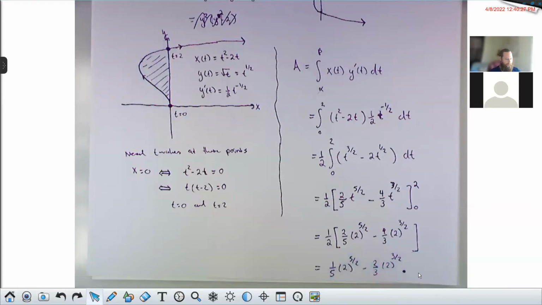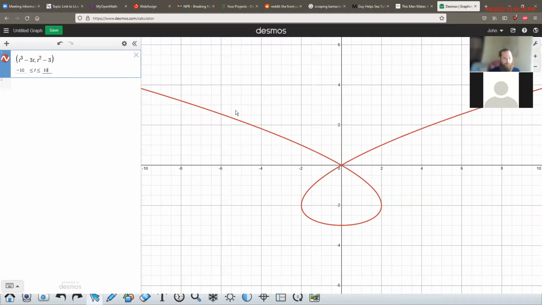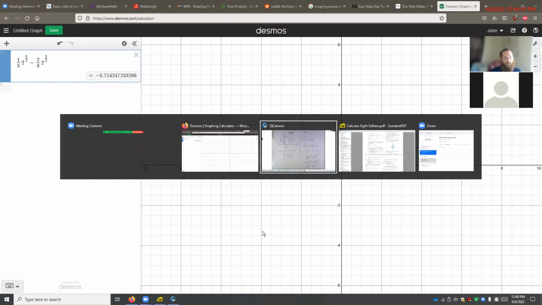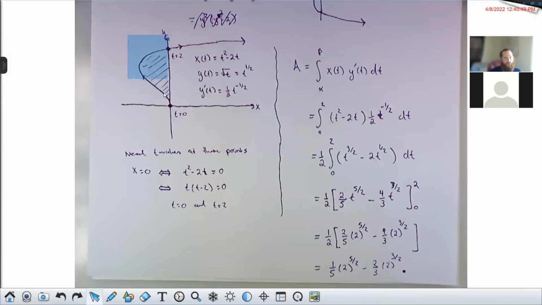All right, we can Desmos it up for a minute. All right, and I expect it to be negative because this number is measuring an area that is to the left of the y-axis, where all the x's here are negative.